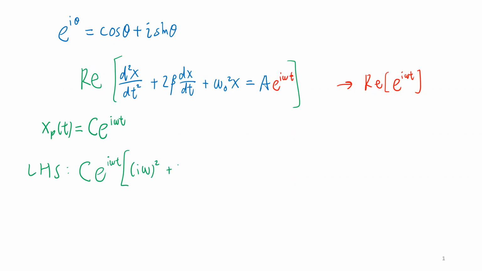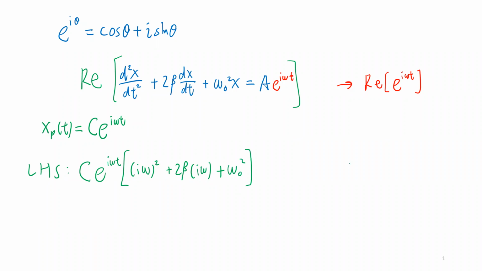And then the second term is 2 beta times i omega. But whenever you take one derivative, you just have this extra factor of i omega. And then lastly, you have omega naught squared. So this is what you have for the left-hand side.